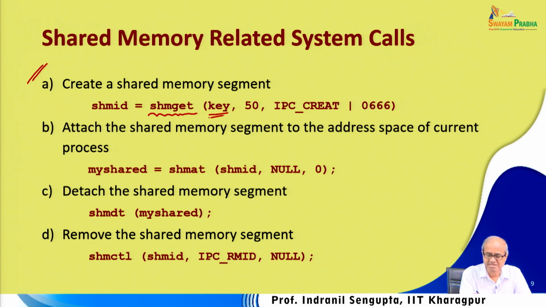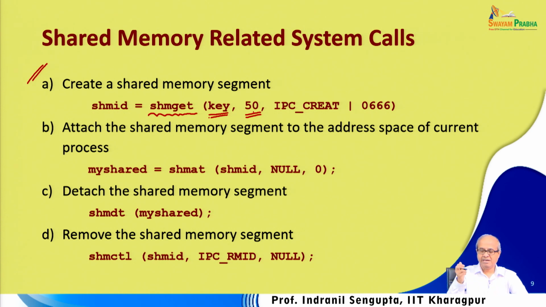This key is supposed to be a unique integer, it identifies that shared segment, okay. And 50 is the size of that shared segment, how many bytes. If here I write 50, it means I am allocating a space equivalent to 50 bytes.